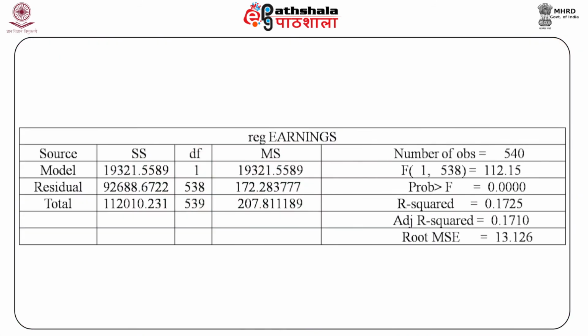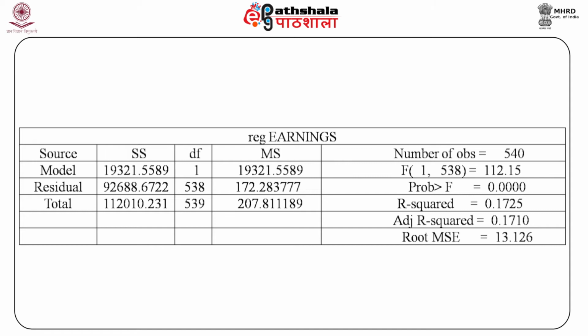Let's take another example, where in this second example we have the hourly earnings as a function of years of schooling. From this example, we have calculated the ANOVA table, which gives us the regression of earnings.